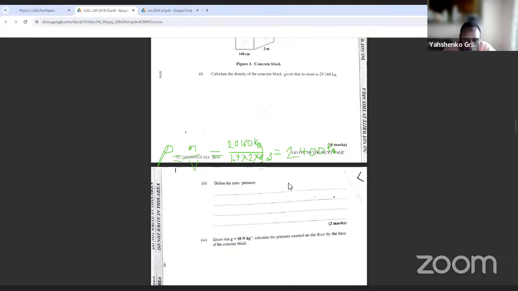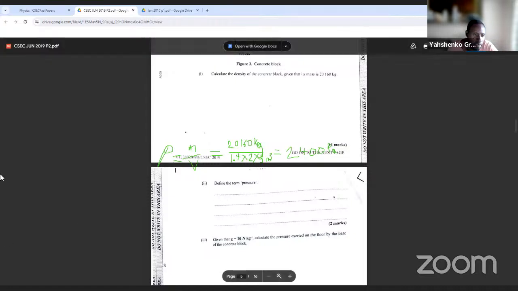All right, define the term pressure. So force exerted per unit area on a surface, all right? So pressure is the force exerted per unit area on a surface.